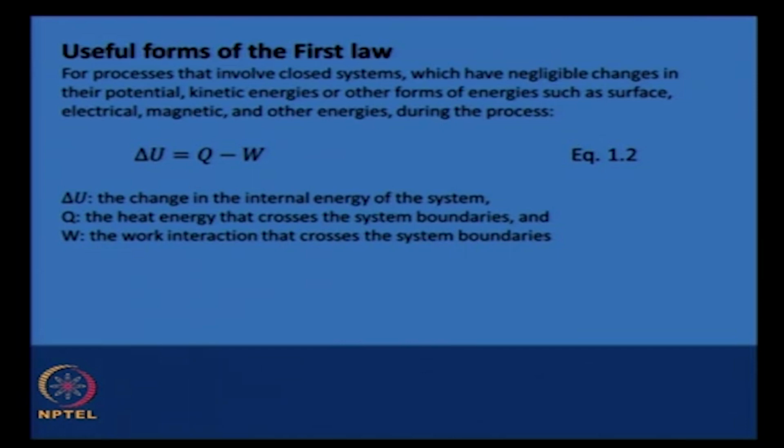The useful form of the first law, for us at least, is to begin with when it is applied to a closed system.